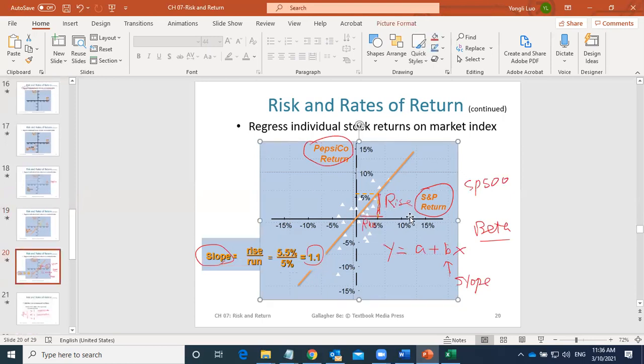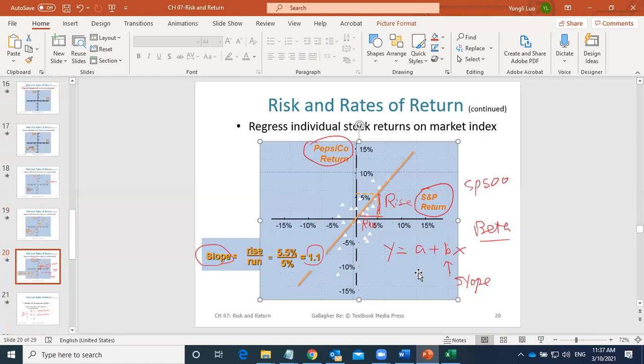So the beta is basically the slope of that curve. What is the slope? Slope is the rise divided by run, right? So that slope is 1.1. So 1.1 is the beta.